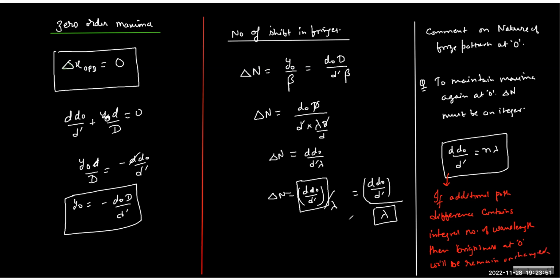So these are many ways of thinking. These are the questions you will come across. They will ask you to find the minimum shift to maintain the brightness. Now that's another question. How do they ask? Find the minimum shift to maintain maxima at central line.